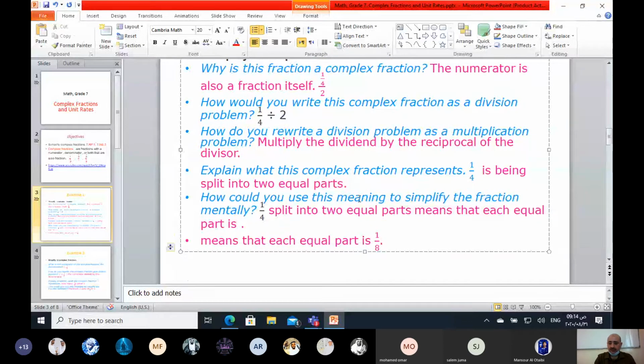How could you use this meaning to simplify the fraction mentally? So we have 1 over 4, and we want to divide this fraction into two equal parts. Split into two equal parts means each part equals what? Equals 1 over 8. 1 over 8.